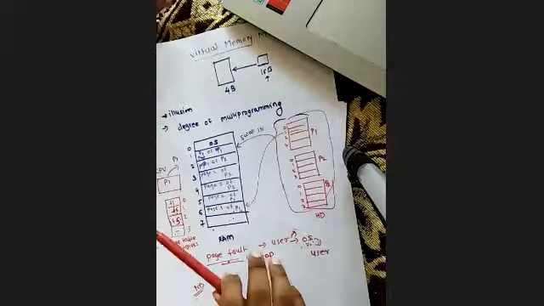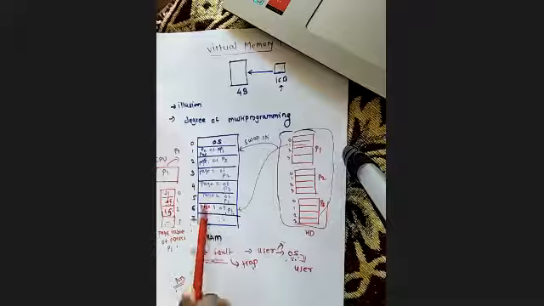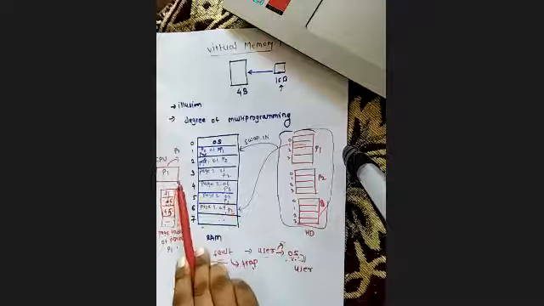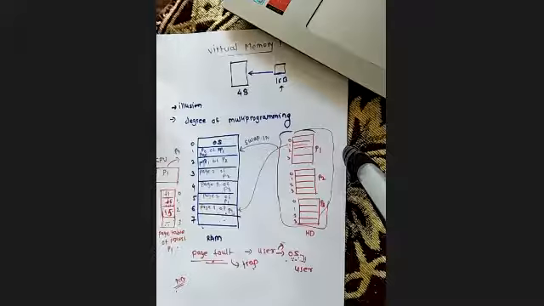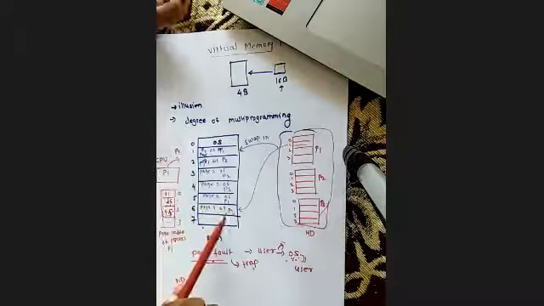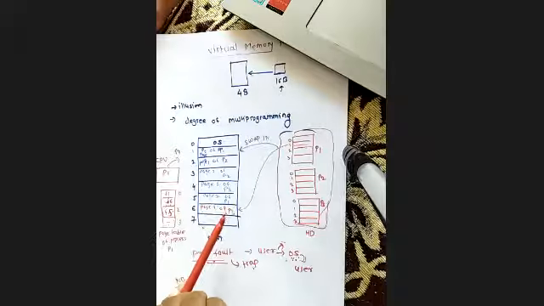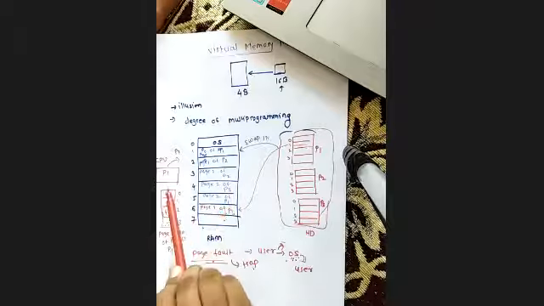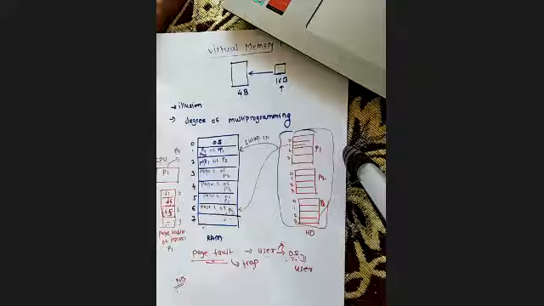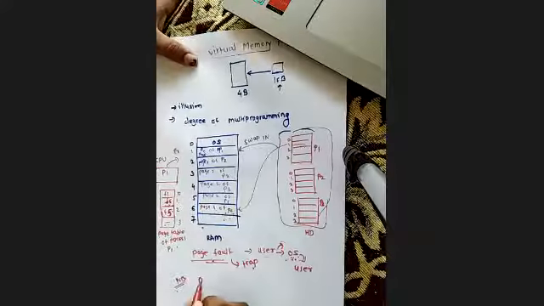So let me tell you one more time: if the CPU is demanding a page which is not available in the RAM, and we fetch that page from the secondary storage to the RAM, then it is called demand paging. Okay, this is called demand paging.